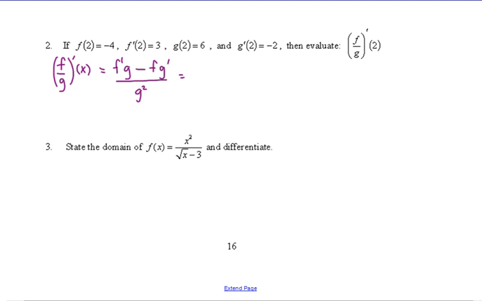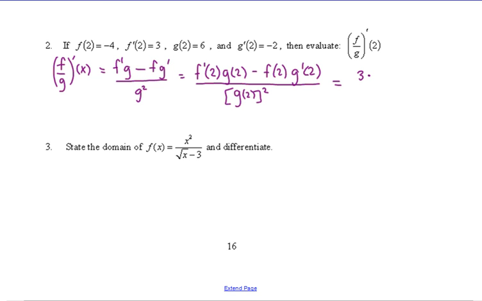We could have also written this as f prime of 2 times g of 2 minus f of 2 times g prime of 2, all over g of 2 squared. Yeah, we can go straight to substitution if you want. So really, what's f prime of 2? Because we want it at x equals 2. 3.